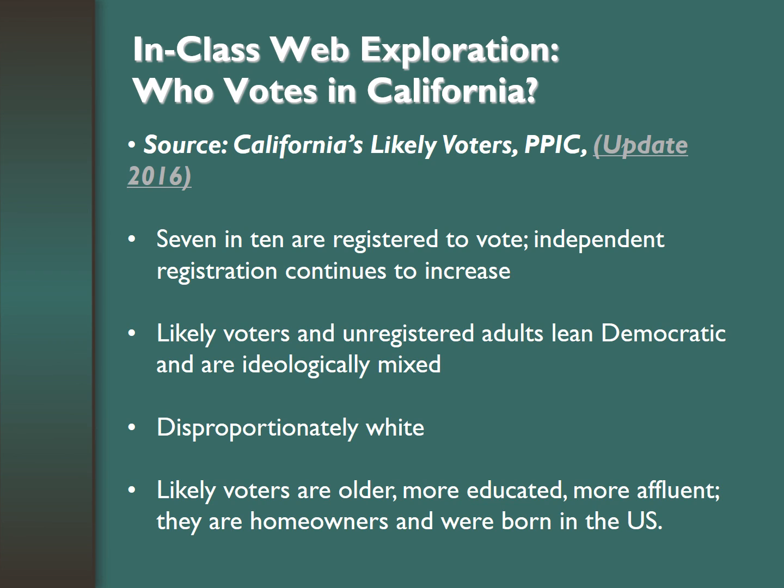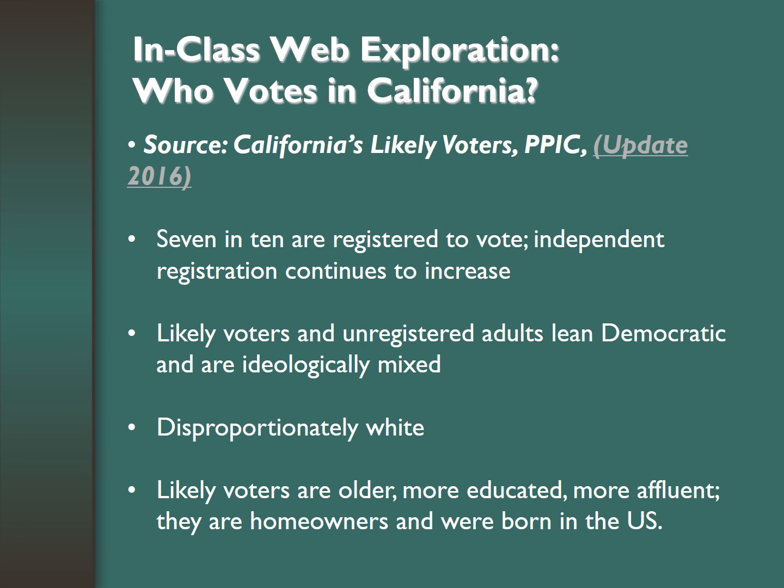And independent, right? Decline to state voters continues to increase. If you take a look at decline to state voters, it's now at 23.3% compared to 20.9% in 2012. And the registration rate for California as a whole is at 72.3%. So it is really good.